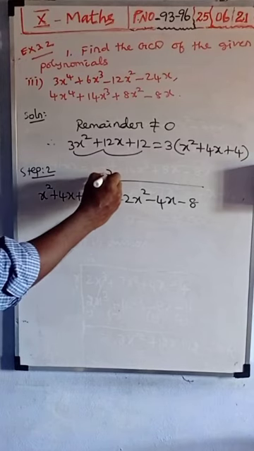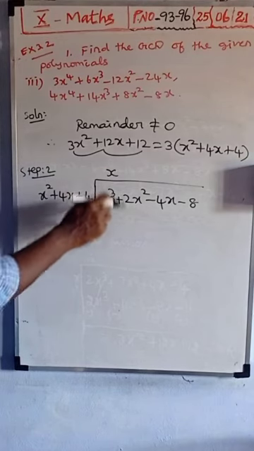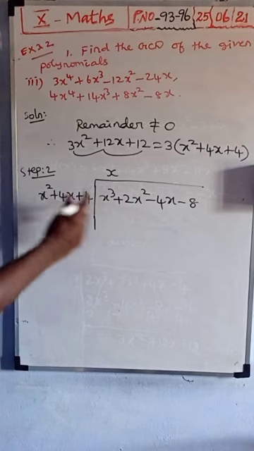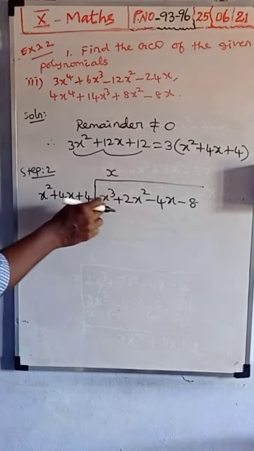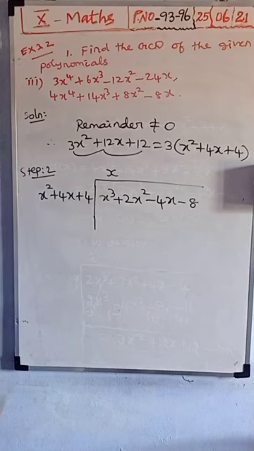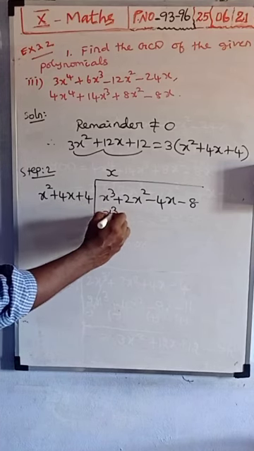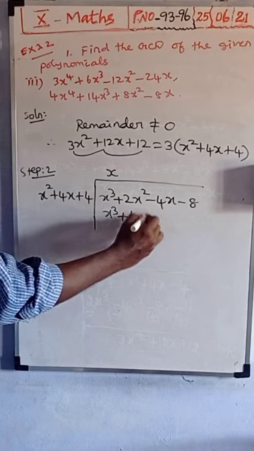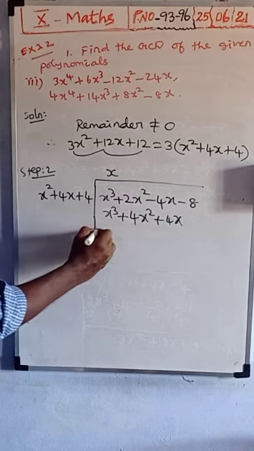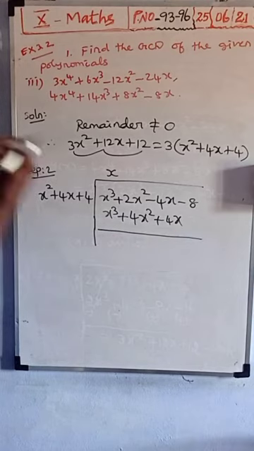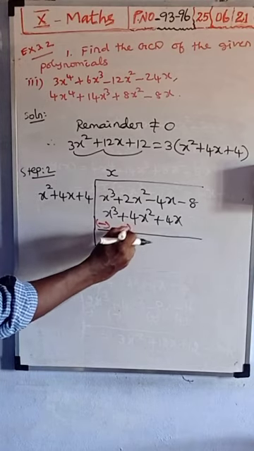Here the first term is x cube, and here the first term is x squared. So x squared you should multiply with x only, and we will get x cube. We always decide this by comparing with the first term only. So x into x squared, x cube, plus x into 4x, 4x squared, plus x into 4, 4x. Now change the symbol: plus changes into minus.